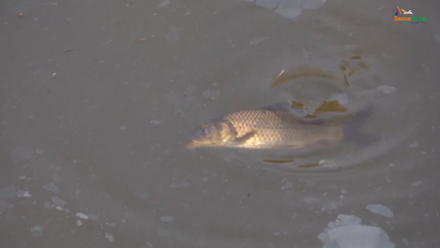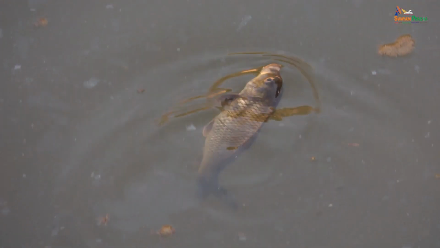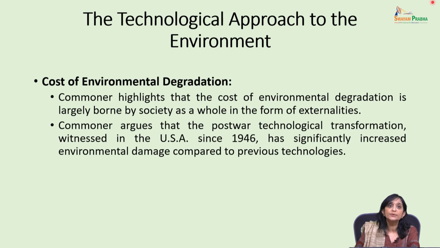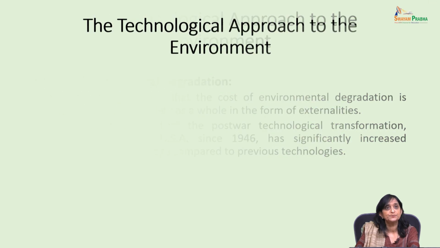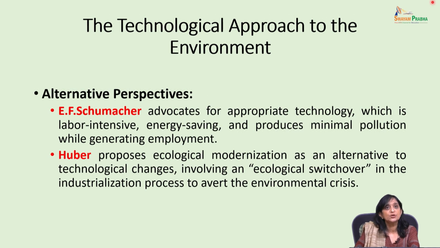Because of this, the whole society would face the damage even though the benefits accrue to only a few. Further, Commoner argues that the post-war technological transformation witnessed in the USA since 1946 has significantly increased environmental damage compared to the previous technology. Hence, the technological approach to environment focuses on using technology which is more environmentally friendly.